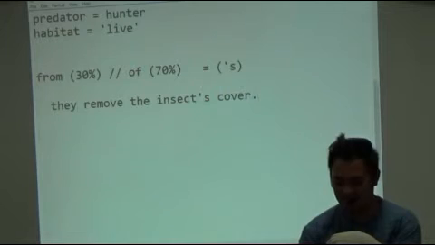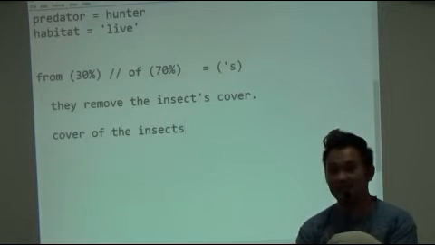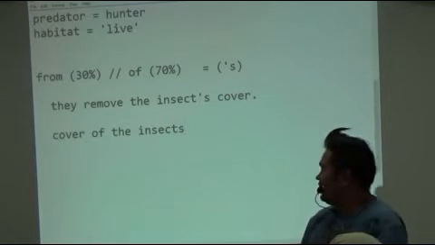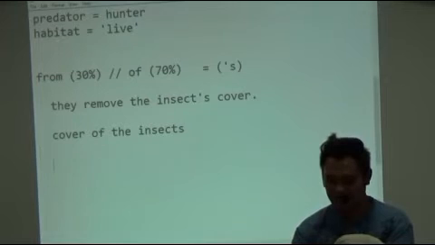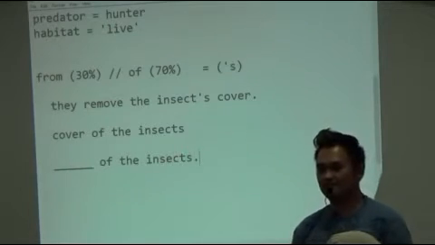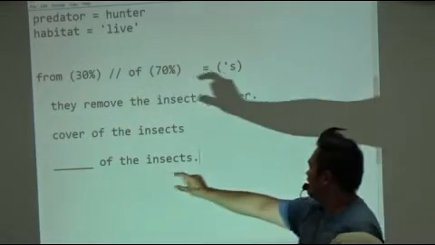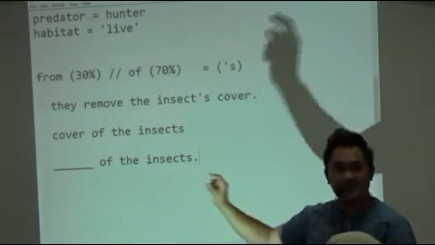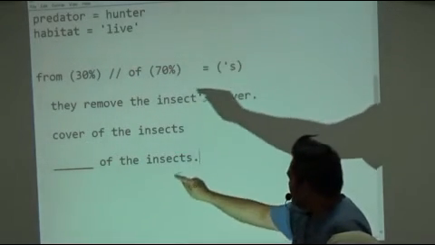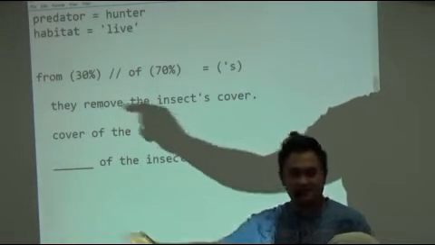Paraphrase: cover of the insects, isn't it? In the test, they will question us like this: "Blank of the insects." What are we looking for? Cover, isn't it? What's our paraphrase? This symbol is "of." Did you get it? Okay?